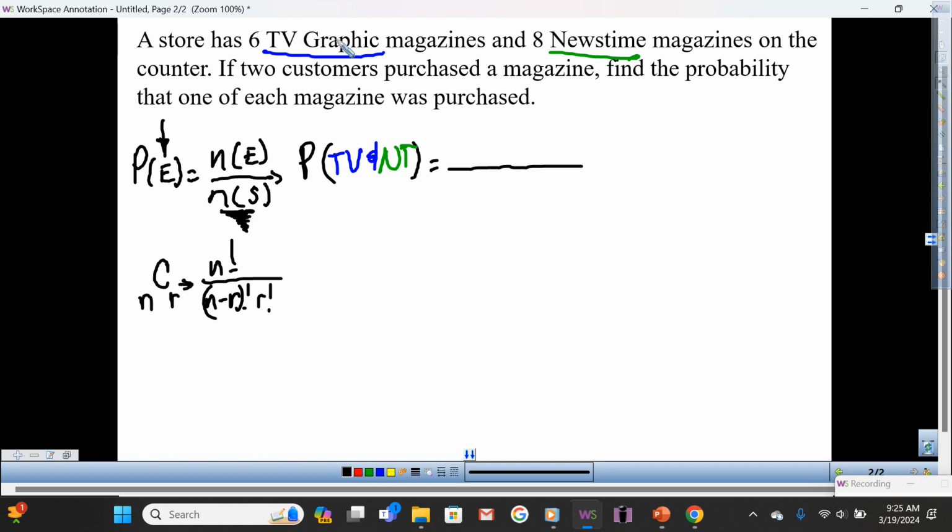So how many total magazines do we have, everyone? 14. And how many are they going to purchase? 2. So how would we write that underneath? 14, what? Combination 2. That is correct.